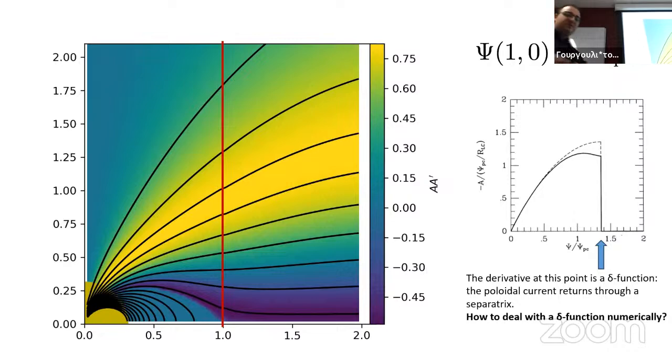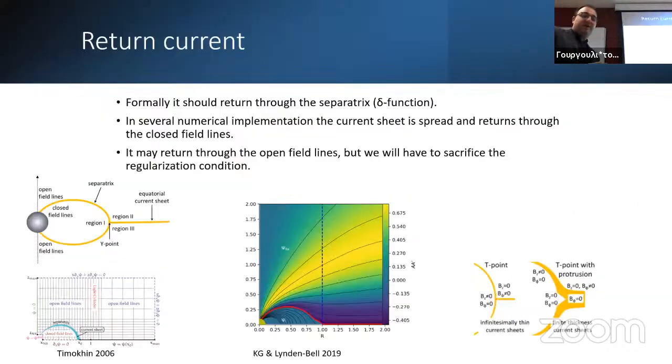Now, the big problem is how we are going to deal numerically with this discontinuity. Obviously, mathematically, you can write an equation with a delta function, but when we try to put it in a computer, it's not the easiest thing in the world.